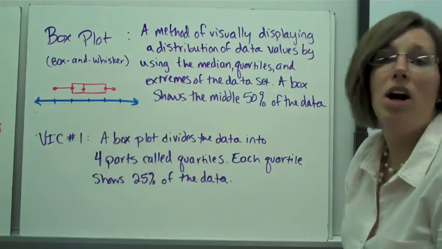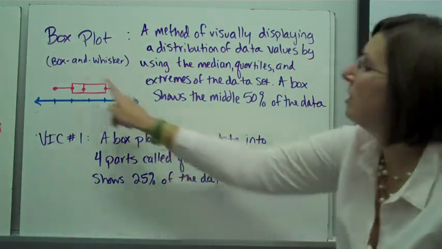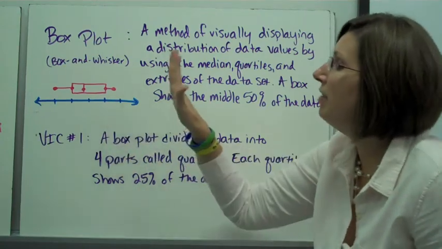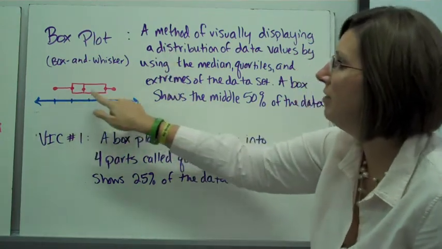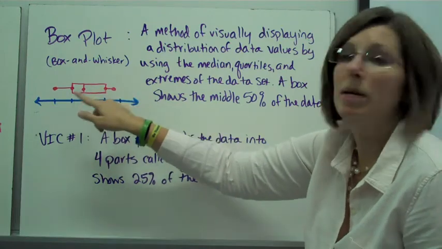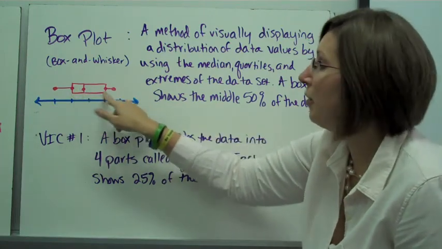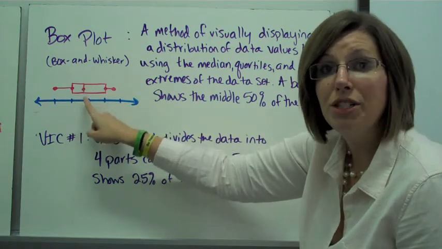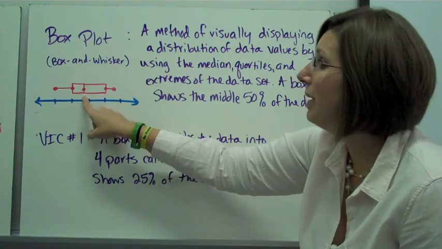A box plot, also known as a box and whisker plot, looks like this. It's drawn on a number line. It uses the 5-number summary in the form of 5 dots. And then we use a box to connect the inner 3 dots with a line drawn through the very center dot, which represents our median.